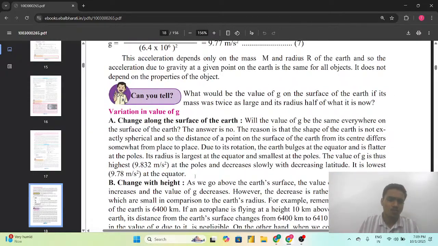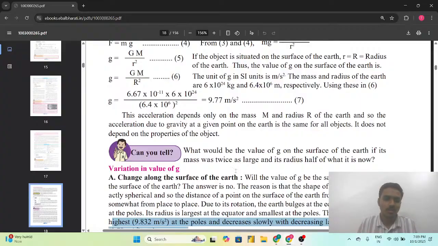We can also check why these values differ at the poles and the equator. The reason is, as we saw here, g equals capital G M upon r square, where r is the radius of the earth.